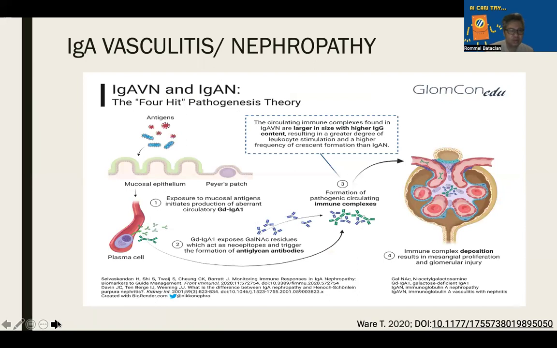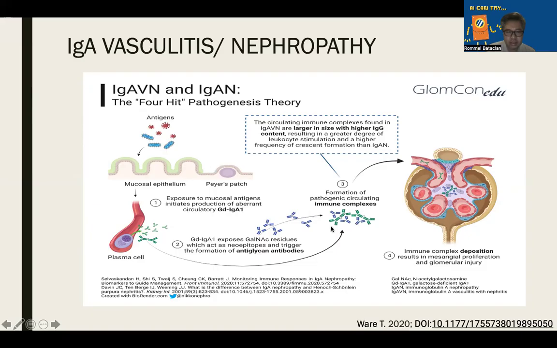So there is what you call the four-hit pathogenesis theory. For example, the virus that caused the respiratory tract infection has antigens. It goes to the mucosal epithelium and initiates the production of galactose-deficient immunoglobulin A1. Now, these immunoglobulins expose residues which act as neoepitopes, and it triggers the formation of anti-glycan antibodies, which are the green ones.